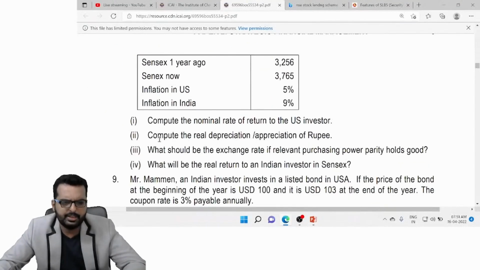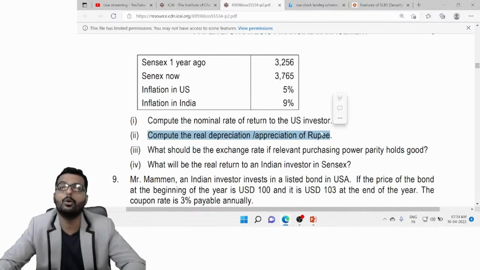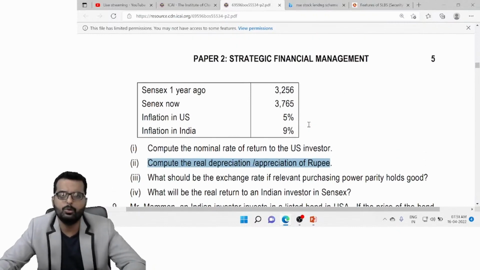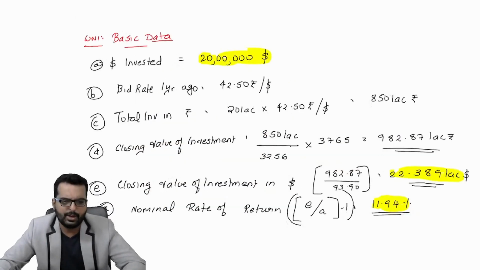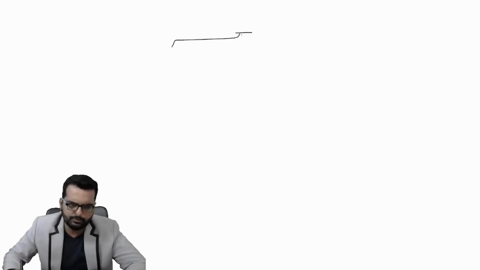Right. Let us read the next question. Compute the real appreciation or depreciation of rupee. So now they want to know whether rupee has really appreciated or depreciated. Friends, we have learned, I'll just explain the concept once again. There are two types of discount rate.